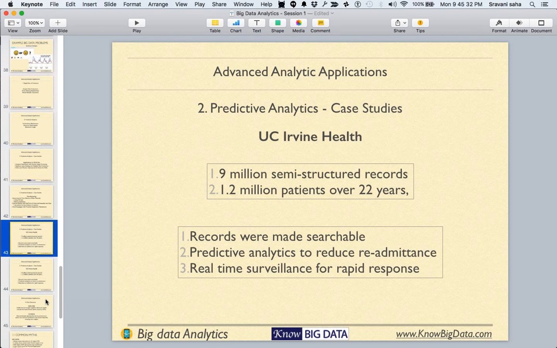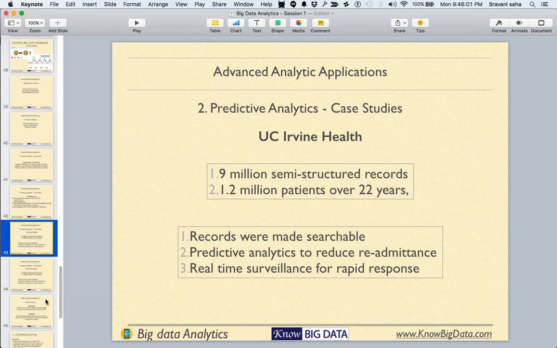The other few case studies are from UC Irvine, where they had 9 million semi-structured records of 1.2 million patients for 22 years. So, records were made searchable. Predictive analytics to reduce readmittance, as in somebody just got released from the hospital and after a day or two they were again taken to the hospital.